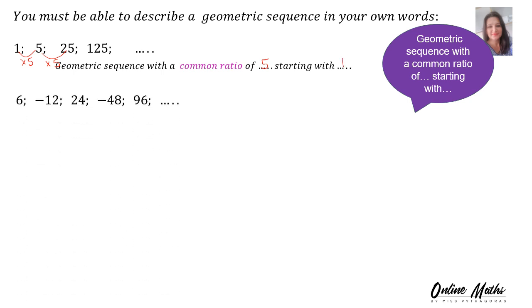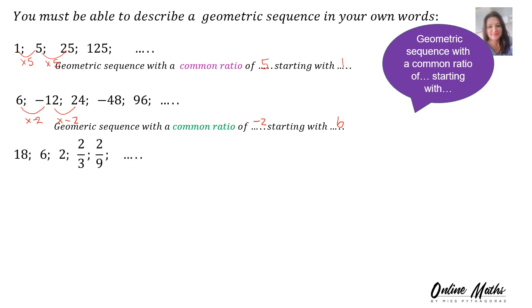In the sequence 6, -12, 24, to get from 6 to -12, we multiplied by -2. To get from -12 to plus 24, we multiplied by -2. Therefore, it's a geometric sequence with a common ratio of -2, starting with the number 6, the first term.